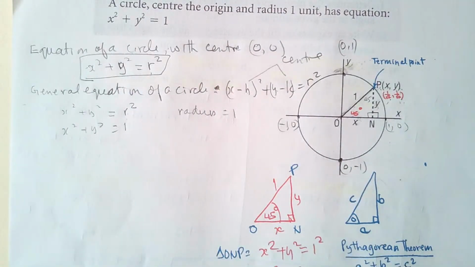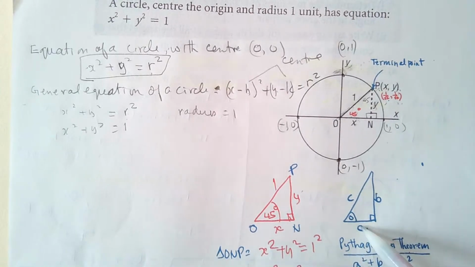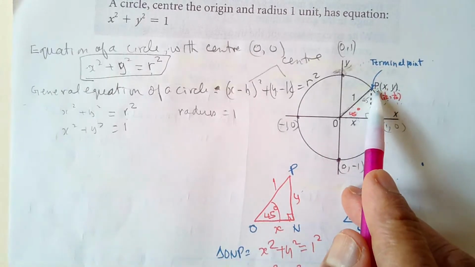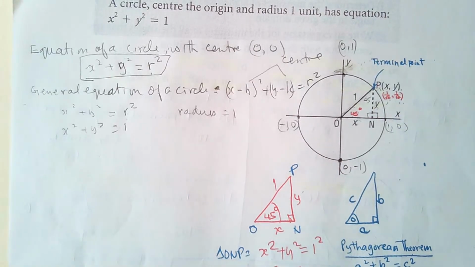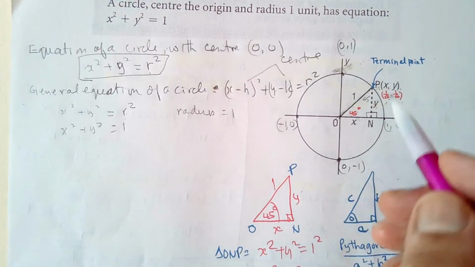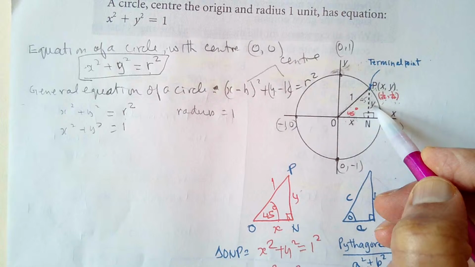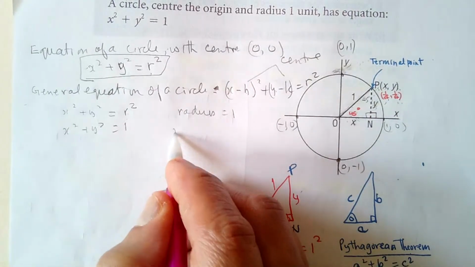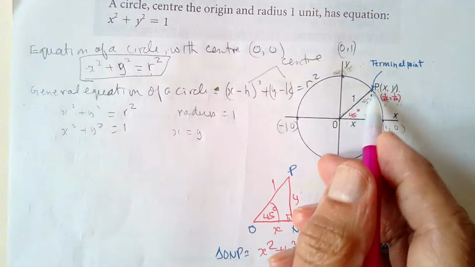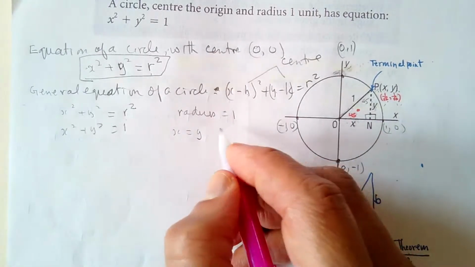Now, using the Pythagorean theorem, we can find the values for x and y. So how do we go about doing that? If we have an isosceles triangle, these two sides are equal, so x is equal to y, because it's an isosceles triangle and the angle is 45 degrees.